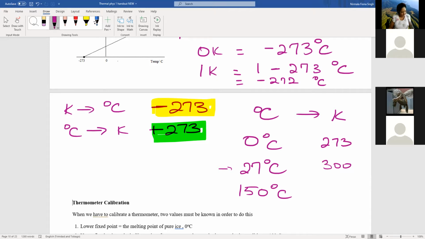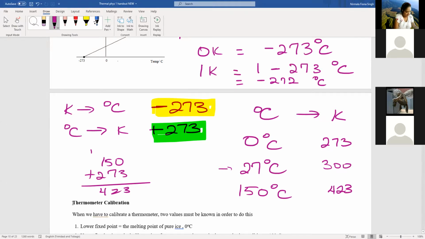No. Try it again. Anybody else? Very good, Isis. Correct. Because the 150, you're going to add 273. 423. So to go from Celsius to Kelvin, we add a number.